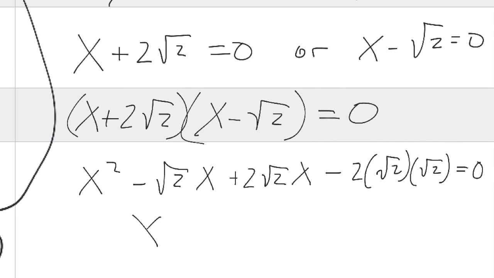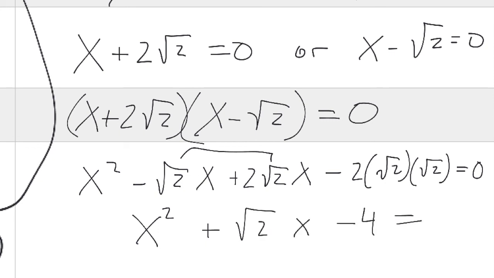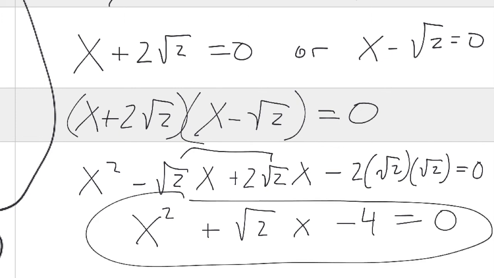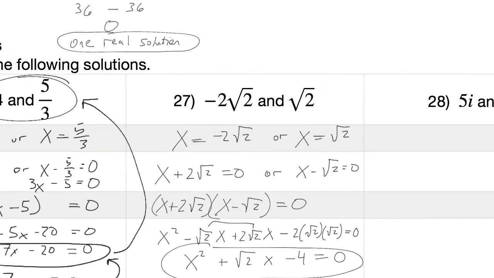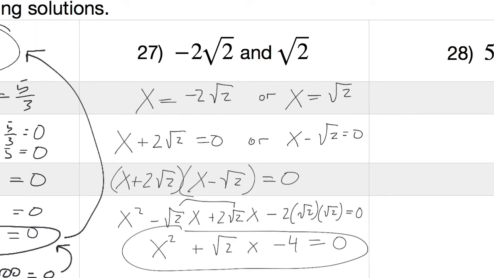Simplify things a little bit, you get x squared. These are like terms, so you get x squared plus square root of 2x minus 4 is equal to 0. That is an equation that will solve to get these two solutions.